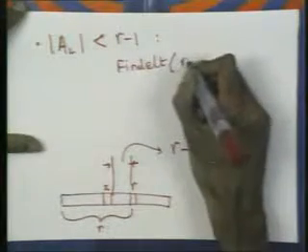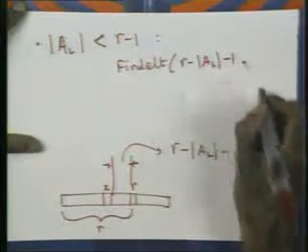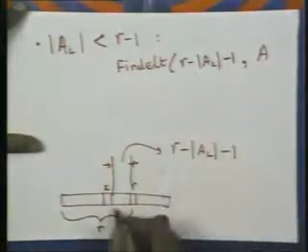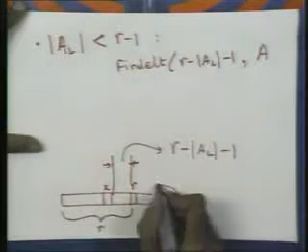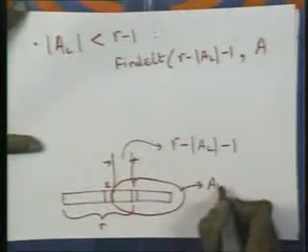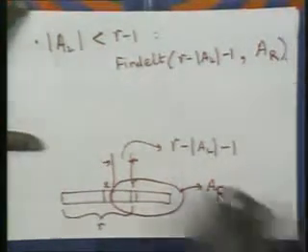The rank is R minus size of AL minus 1, and we want to do this in AR. This portion of the array is AR. Okay, that's it.